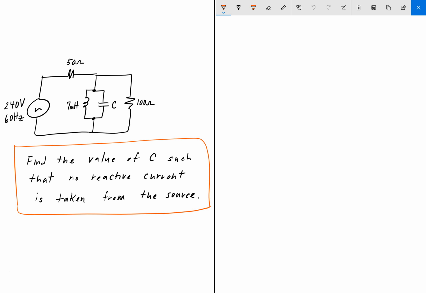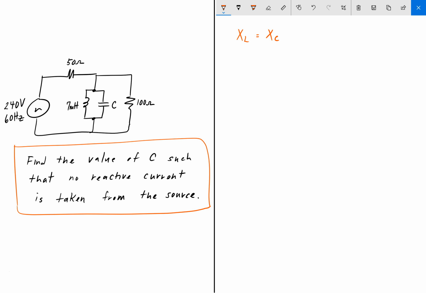To solve this, we need to understand a very important concept called resonance. Resonance occurs when the inductive reactance of an inductor is equal to the capacitive reactance of a capacitor, so it occurs when XL is equal to XC.